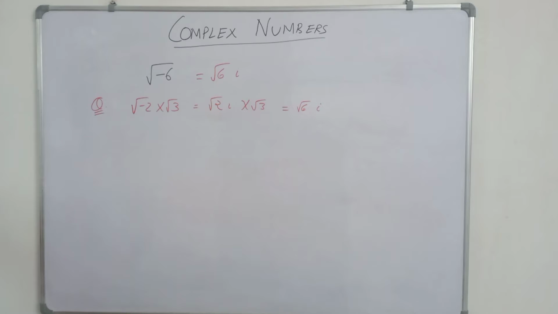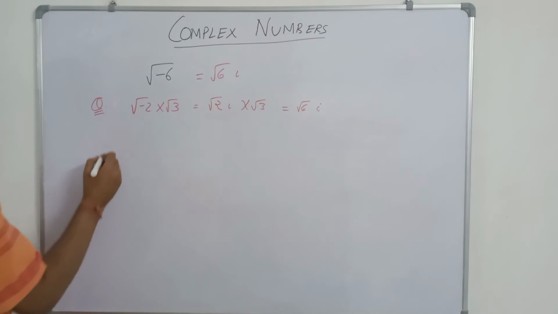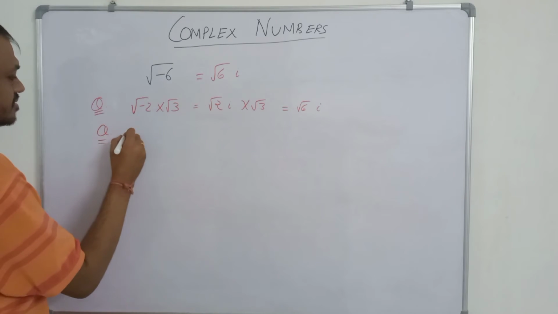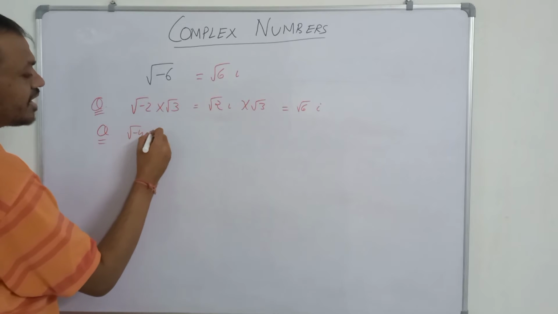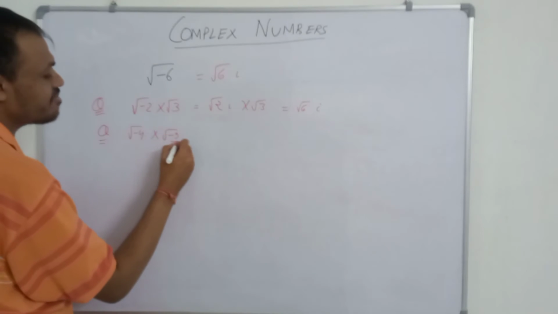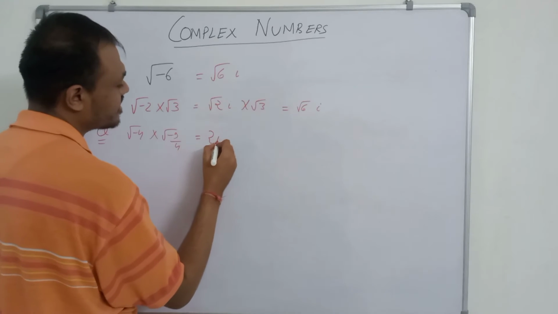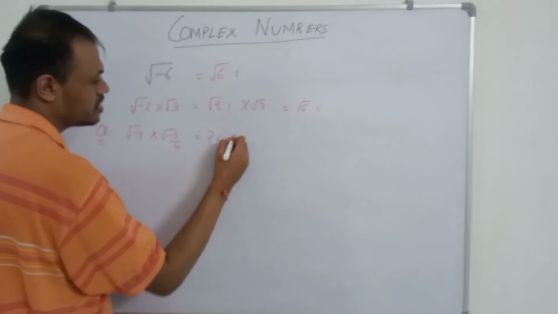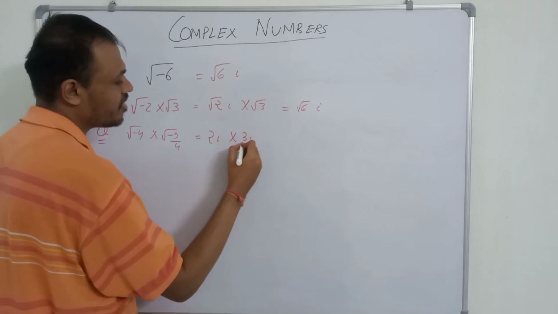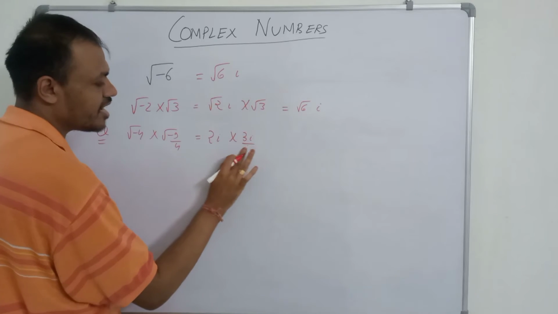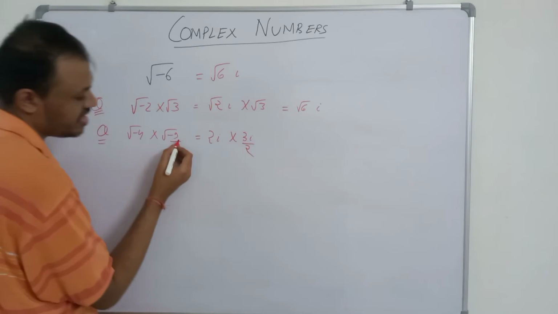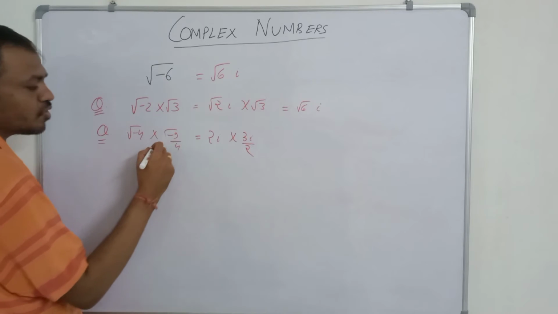And if we want to solve under root of minus 4 into under root of minus 9 by 4, this will give 2 iota and this will give 3 iota upon 2, because this is whole under root.